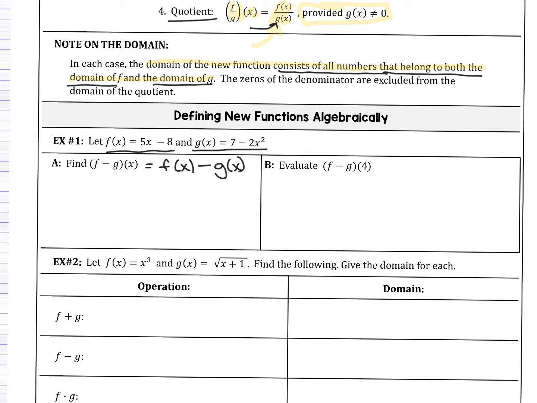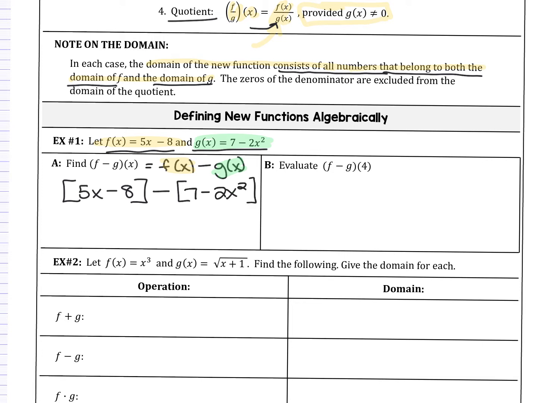Now, when I replace f of x with the actual equation, I am going to use grouping symbols. So I have 5x minus 8, that's my function f, and then I'm going to subtract from that function g, which is 7 minus 2x squared. When I replace g with 7 minus 2x squared, again, I will use brackets or grouping symbols there.